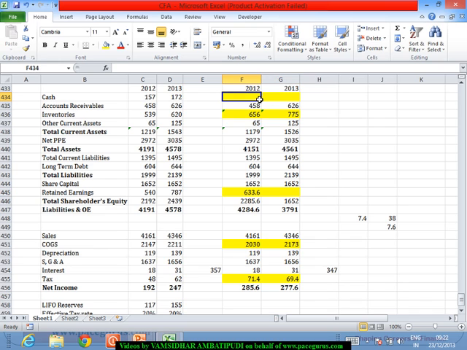Now this cash I can very well bridge as the gap between the total liabilities and owner's equity minus whatever are the remaining elements as a part of my assets.